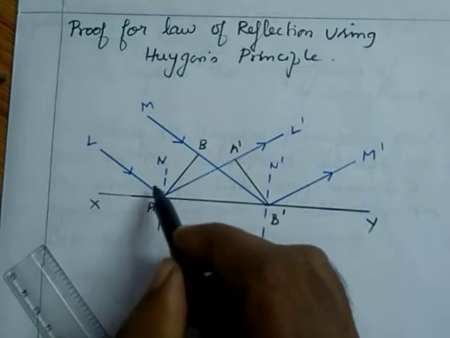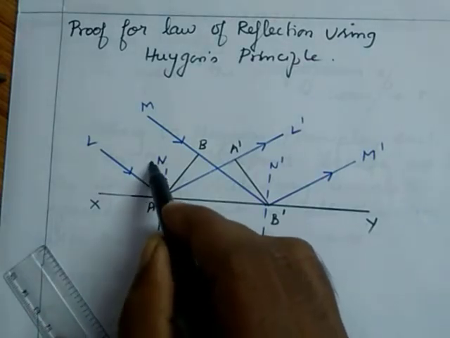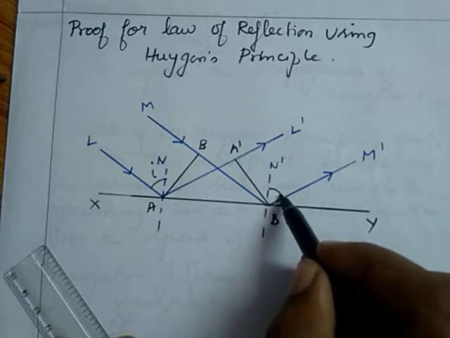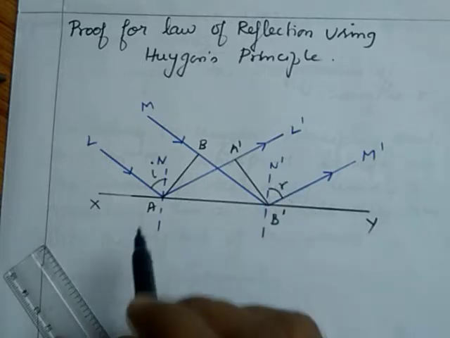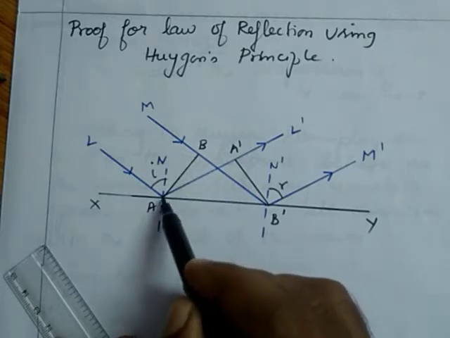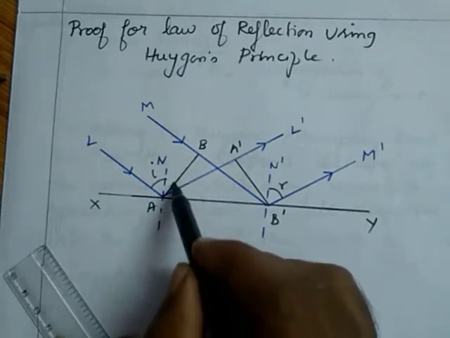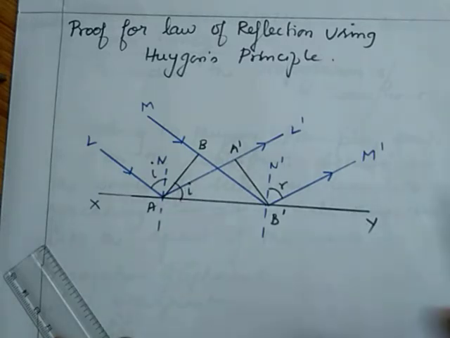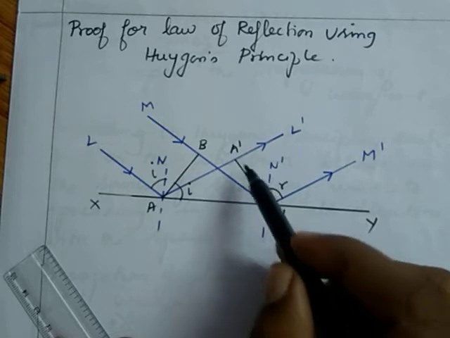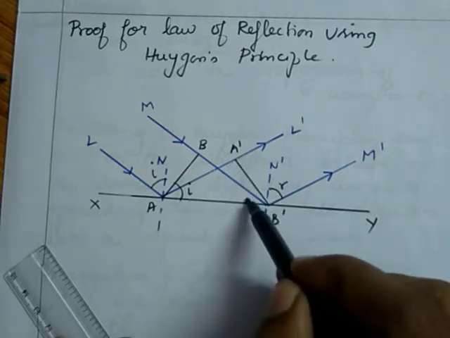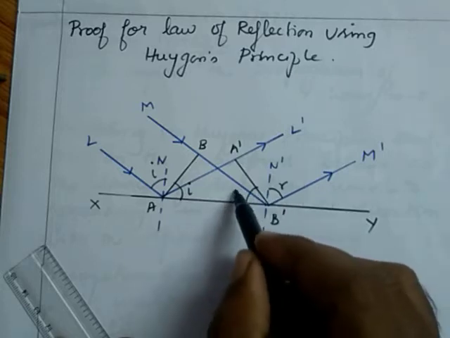We know this is the angle of incidence, and this one is the angle of reflection. The angle between the incident wavefront and the surface is the angle of incidence according to the geometry, and also the angle between the reflected wavefront and the plane surface is the angle of reflection R.